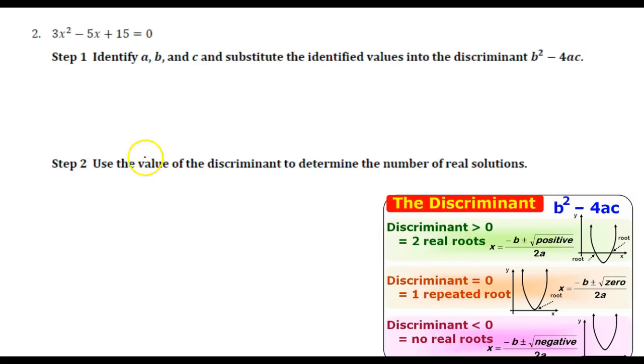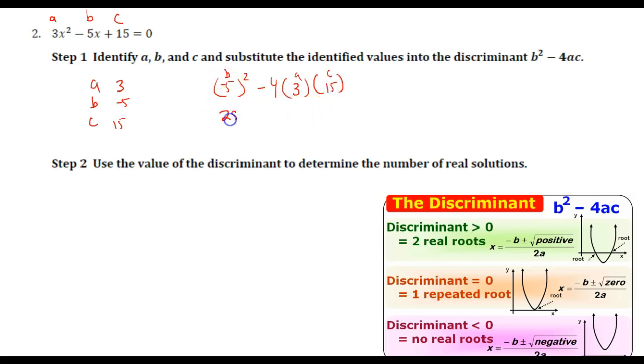Let's continue right along. Here it says identify your a, b, and c and substitute it into the discriminant. So our a value, b value, and c value would be 3, negative 5, and 15. Our discriminant is b squared minus 4 times ac, which would be negative 5, 3, and 15.